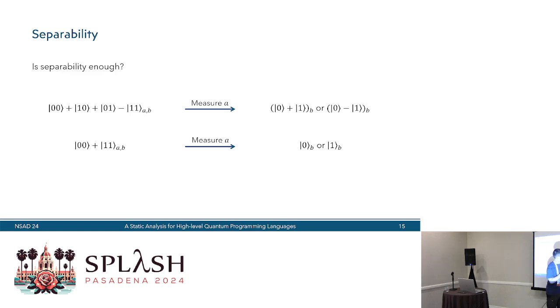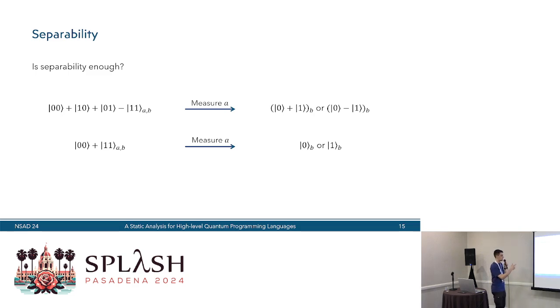Instead, here we have a superposition of values. So you see that the relation between A and B in this state and in that other state is different. Because when we do a measurement here, we cause more damage, because we make also the other qubit collapse to a classical state.